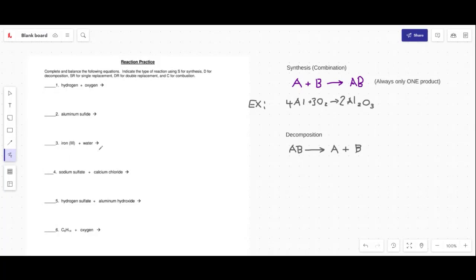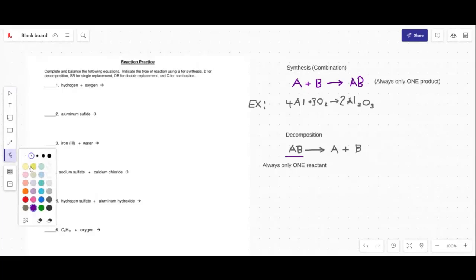But the key thing to note with a decomposition reaction is that there's always only one reactant. So a synthesis has only one product. A decomposition reaction has only one reactant.